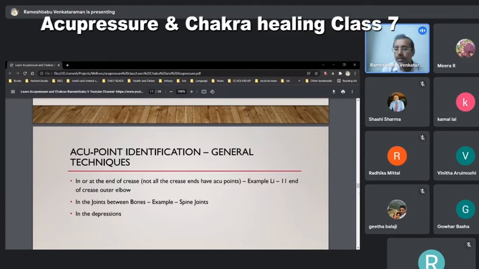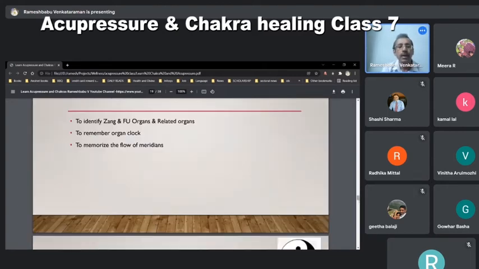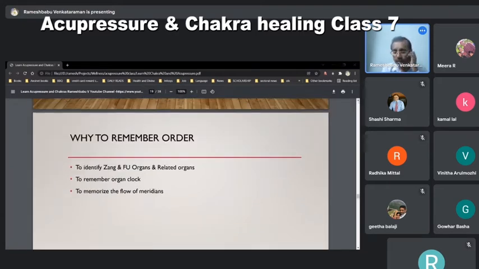Then the next thing we discussed is that the organs are classified into Zang and Fu organs, right? There are a few things that we need to remember: whatever organs we discussed, they have to be remembered in the same order.